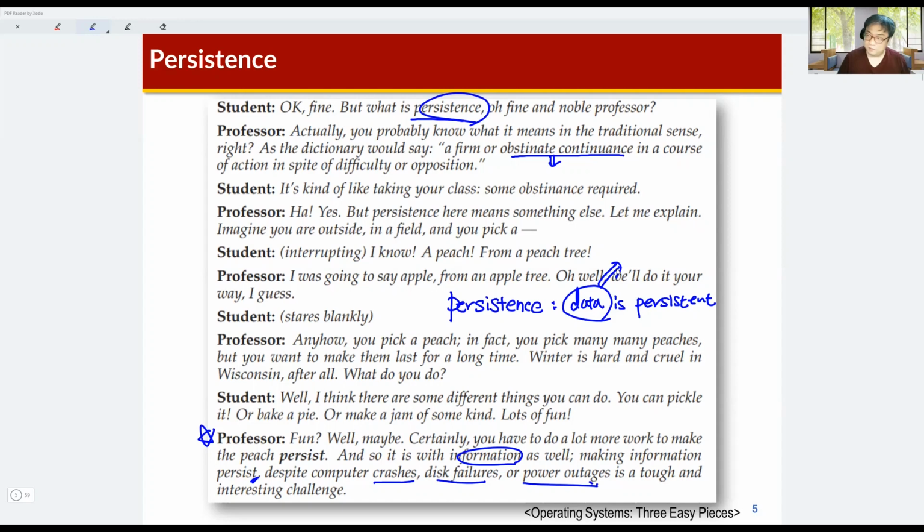But what does persistence mean? In order to keep this data in the computer system, we use storage devices. Even though the power of this computer system is off, data in the storage system is maintained, is kept. And when we turn on the power of the computer system, we can recover the data from these storage devices. That is the meaning of persistence.